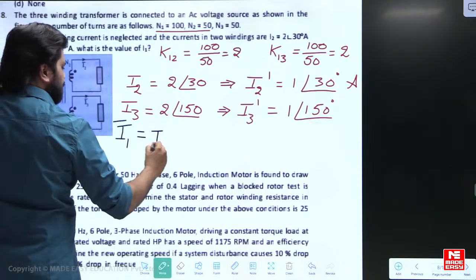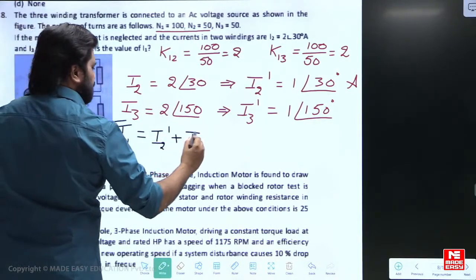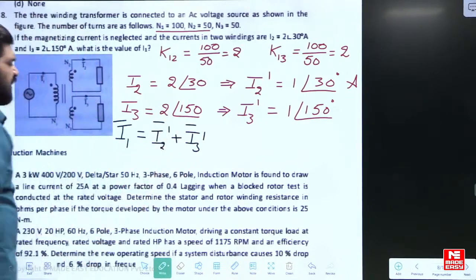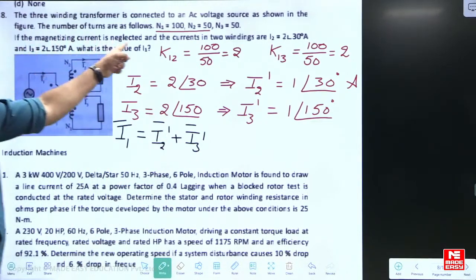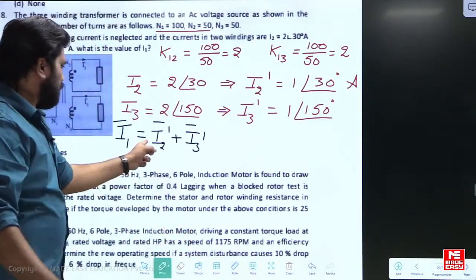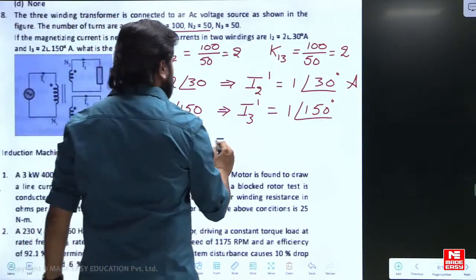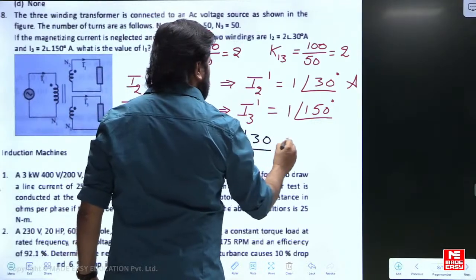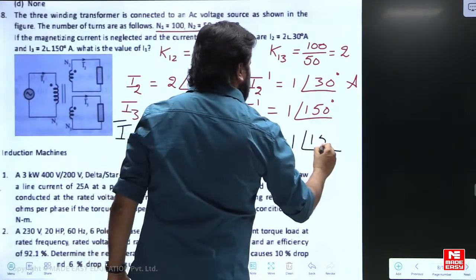So I1 is I2 dash plus I3 dash. It was given magnetizing current is neglected. If it is there, no load current I0 also has to be added vectorially. So I2 dash plus I3 dash, that is 1 at an angle 30 plus 1 at an angle 150.